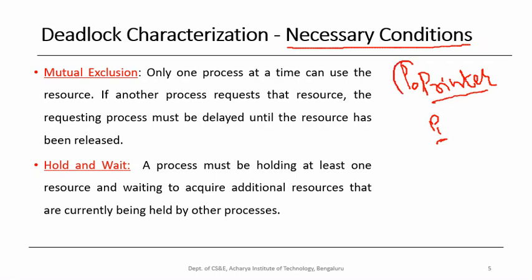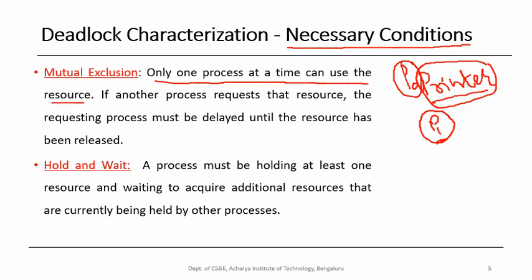The usage of this printer among the processes P0 and P1 is mutually exclusive. Only one process at a time can use the resource. If another process requests that resource, the requesting process must be delayed until the resource has been released.